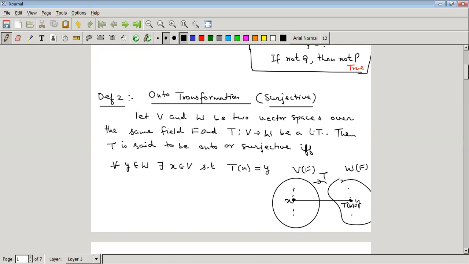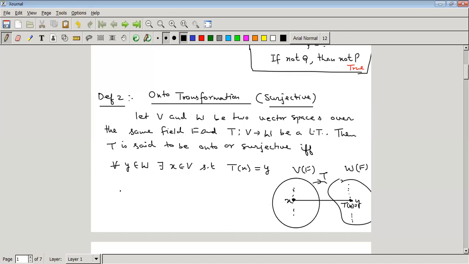So, if there exists an element x such that T of x equal to y, then the transformation is said to be an onto transformation. In this case, it is true for each and every element of the codomain. If every element has a pre-image, then it is said to be onto.